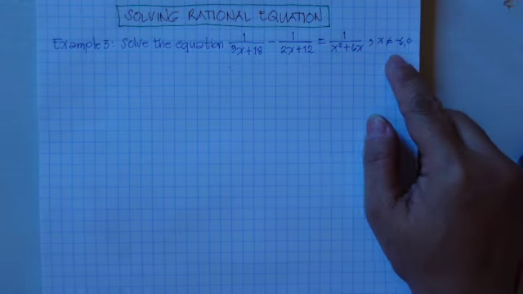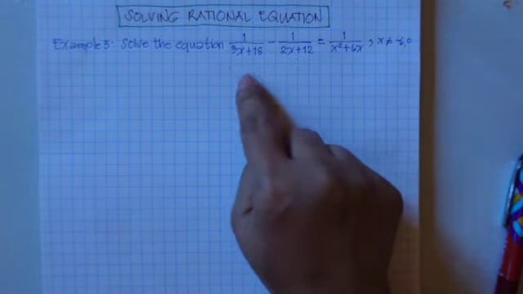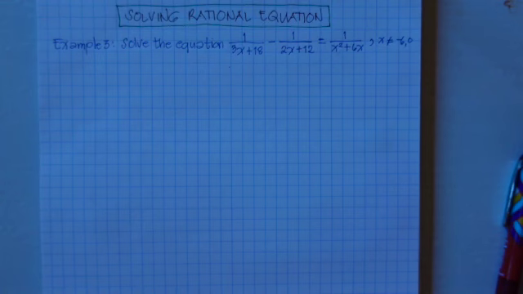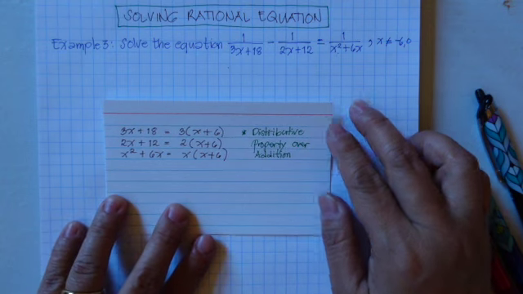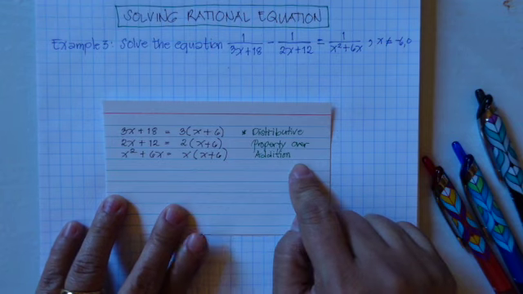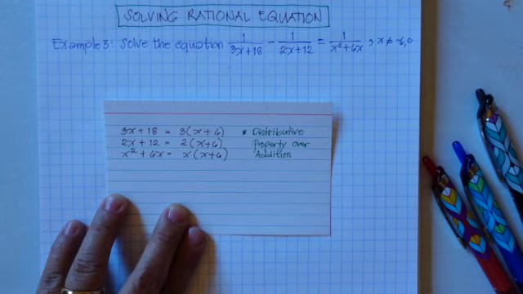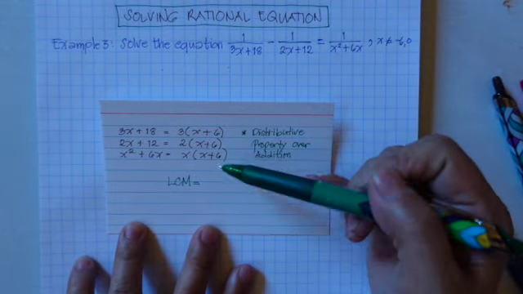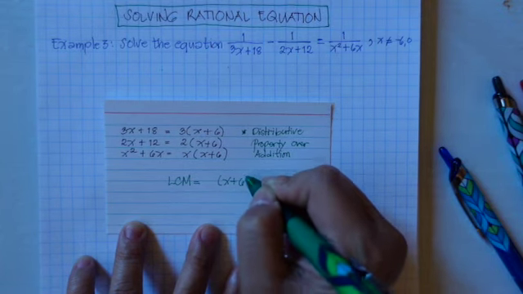After we determine the x values for which this equation becomes undefined or has no solution, then we need to find the LCM. Take note that I use the distributive property over addition to determine the factors of these expressions. To get the least common multiple of all of these, the common is x plus 6.